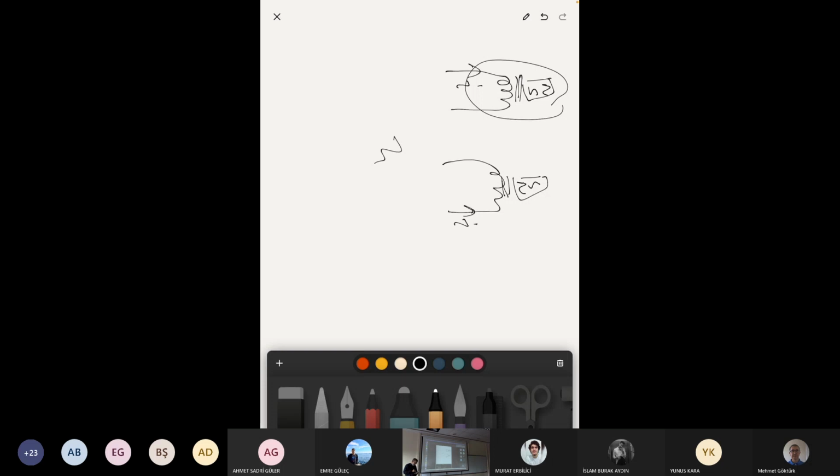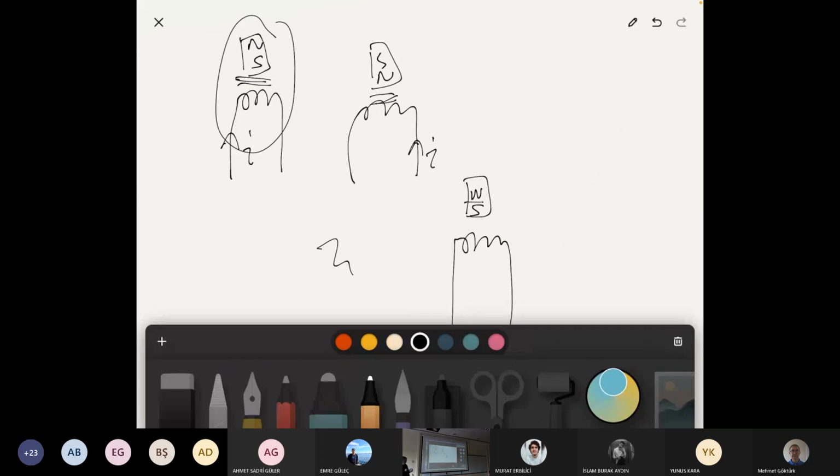For reading, if you get closer to the reading head and move your magnet, current starts flowing. If you move in this direction, current flows this way. If you pull back, current flows in the other direction.